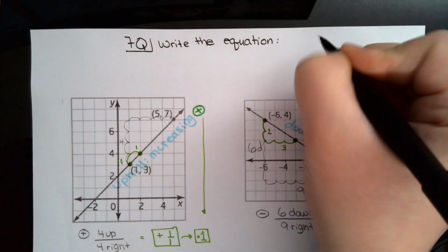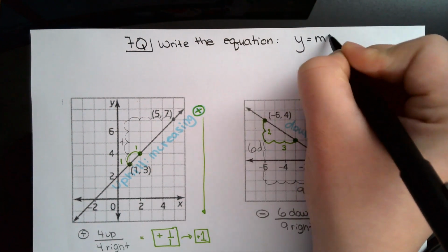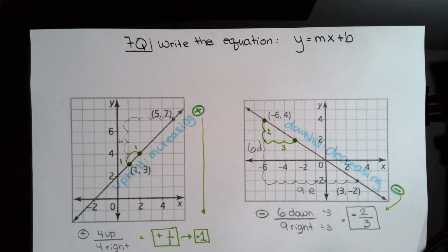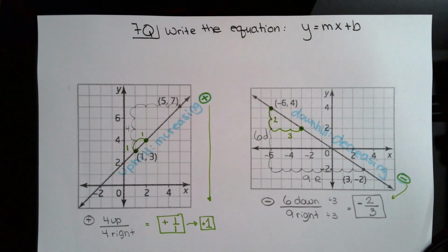And the equation is in y equals mx plus b format, which is our slope-intercept. So what I did is I found a slope, but I didn't find the equation. So let's do that. This is going to be a quick fix.